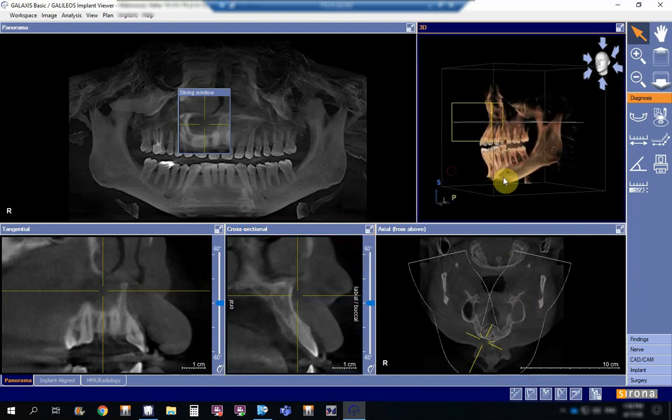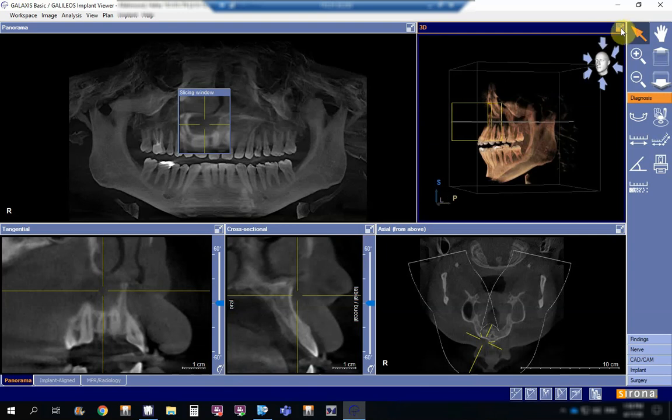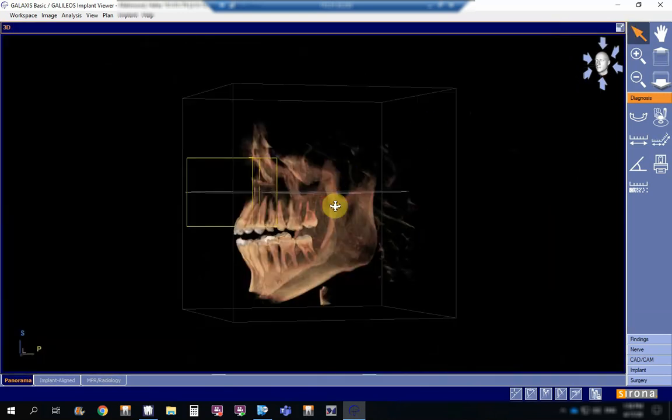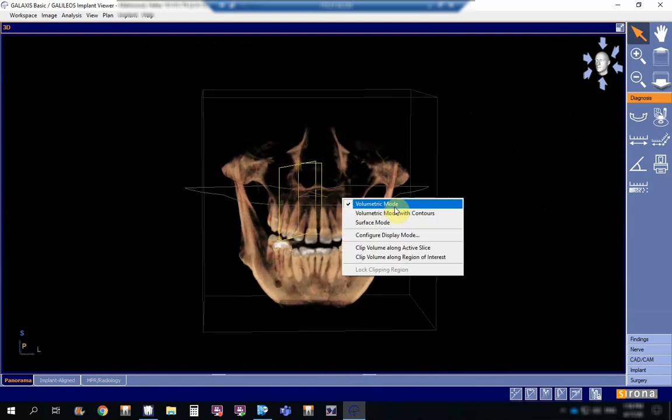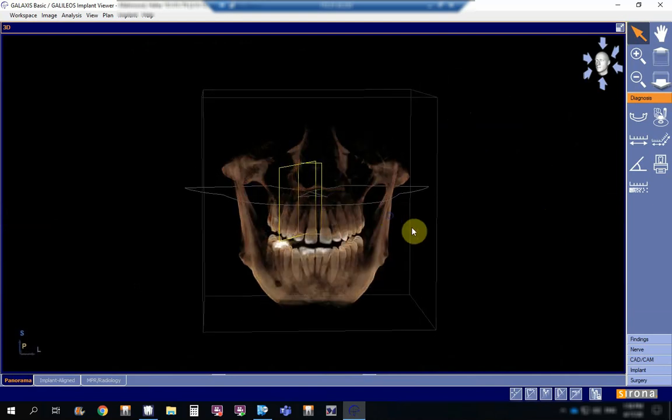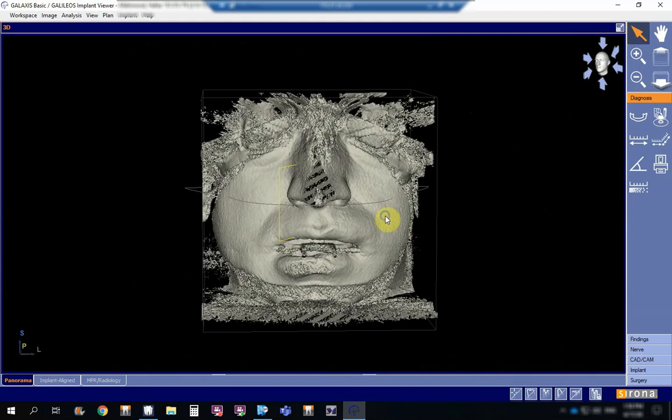Mind you that, as you can see in here, the cone beam can only cover from the frontal. I will just put it here in the surface mode.